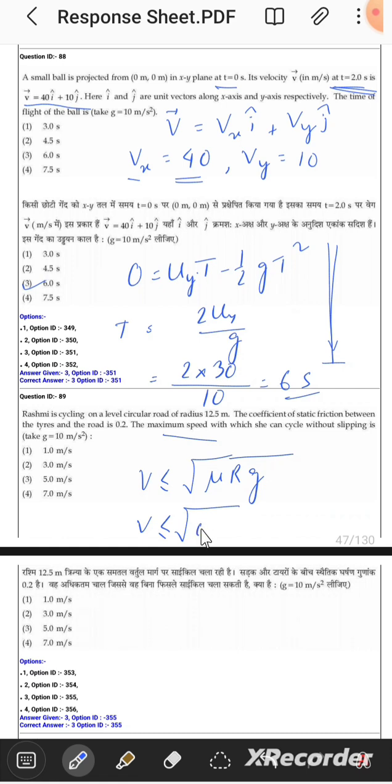Mu is 0.2, they have given. The radius is 12.5 and g is 10. So v squared is less than or equal to 25, so v is less than or equal to 5 meter per second. That is option number 3.